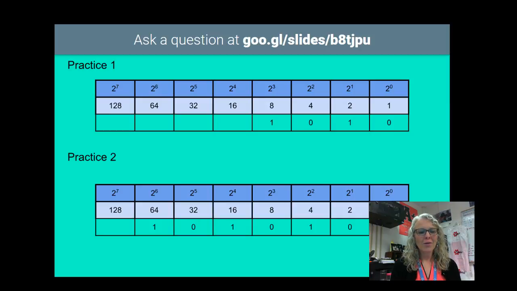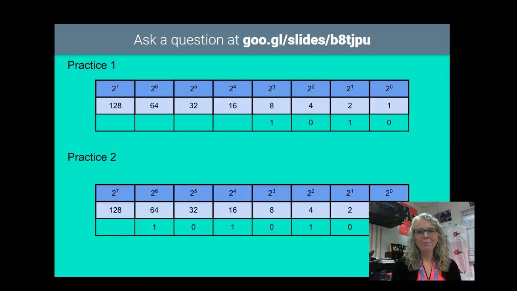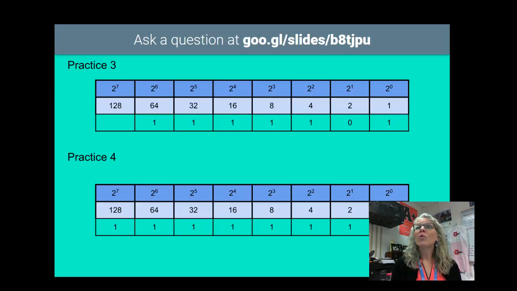And Dylan says 84 as well. Good job. We're going on to the next page. I have more. So, how about 1111101? Who knows that one? There is maybe just a bit of a delay, but not a huge one.